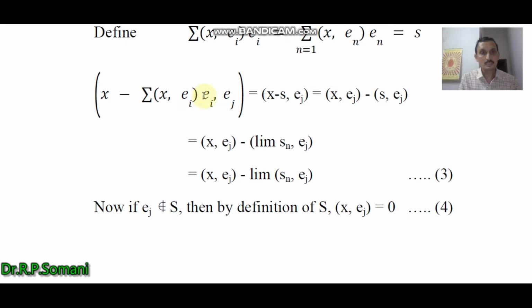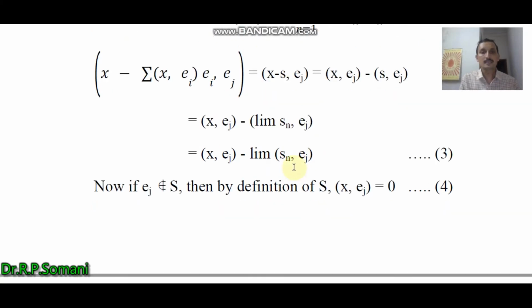So now the inner product ⟨x minus the summation of ⟨x, e_i⟩ e_i, e_j⟩ equals ⟨x minus S, e_j⟩. We have put here the value of S, and after opening, this is ⟨x, e_j⟩ minus ⟨S, e_j⟩. Therefore ⟨x, e_j⟩ minus ⟨S, e_j⟩, where the value of S is the limit of S_n. So this is the limit of ⟨S_n, e_j⟩, and we take this limit outside. So we obtain ⟨x, e_j⟩ minus the limit of ⟨S_n, e_j⟩.